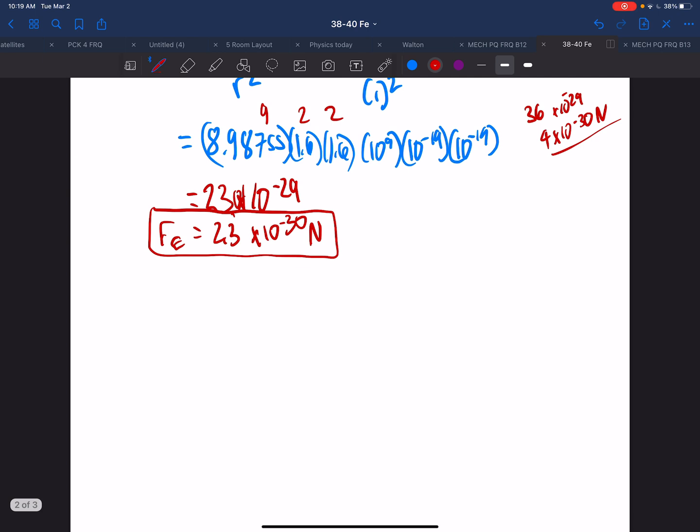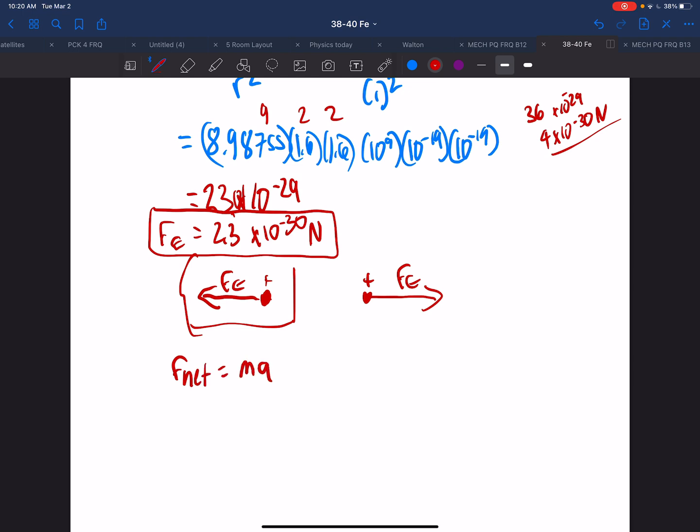Well, what we know, if we look at proton number 1, it's going to experience a force of repulsion in that direction. And the other one is going to experience a force of repulsion in this direction. And so the net force it's going to experience is ma.